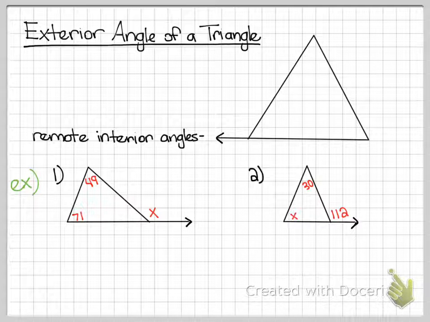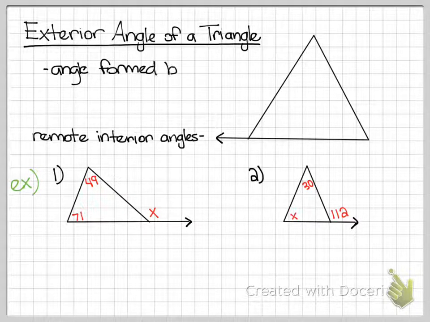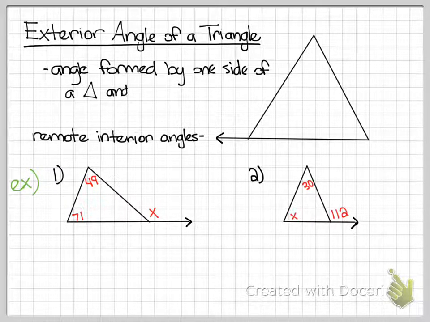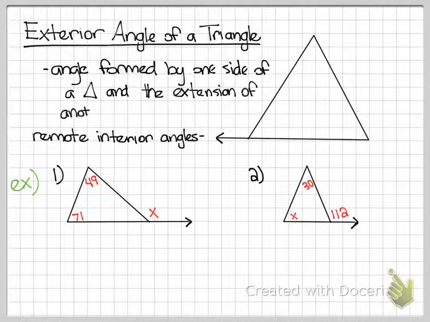So an exterior angle of a triangle is just an angle formed by one side of a triangle and the extension, so we extend it, we pull it out longer, of another side.